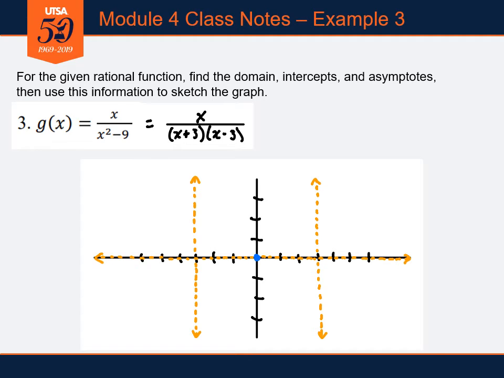Not a whole heck of a lot, but we've got the horizontal asymptote y equals 0. We've got the vertical asymptotes at negative 3 and positive 3. And we've got 1 point. So it's going to help to get a few more points here.